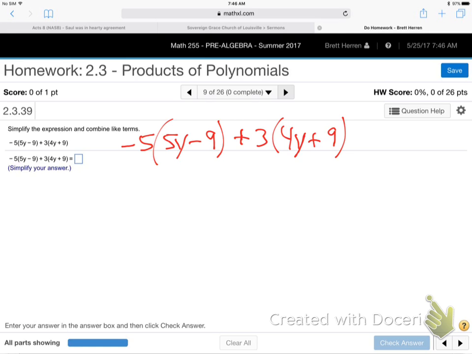Here we have 2 separate problems added together. Let's try that one. Take the minus 5 and go boom, boom, first off. The minus 5 is just multiplying through the first parenthesis, and then the plus 3 will multiply through the second parenthesis.